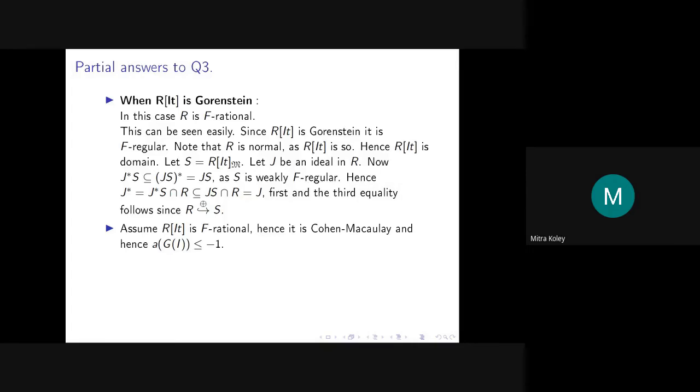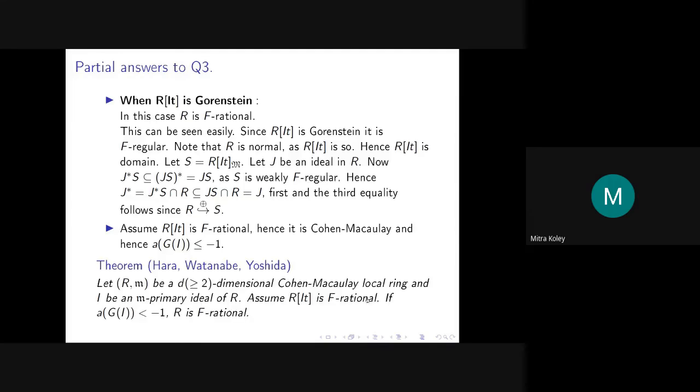So now we return to the general case. Suppose R[It] is just F-rational. Hence, it is Cohen-Macaulay, and then we know that the a-invariant of the associated graded ring is less than or equal to -1. Then, this is a theorem due to Hara, Watanabe, and Yoshida.